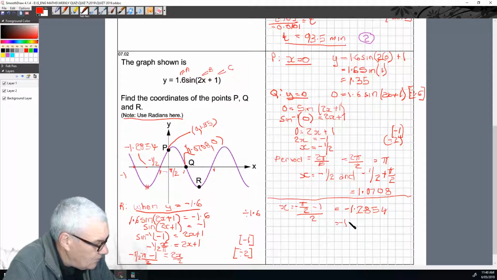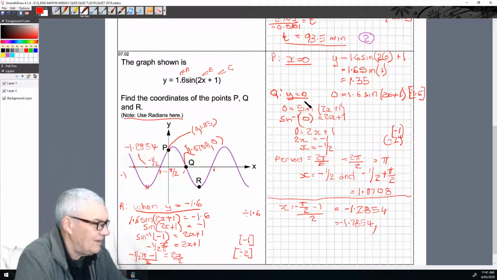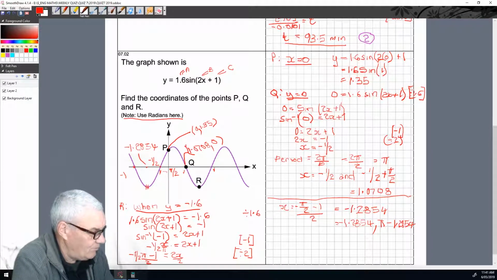Negative 1.2854. That's one solution, but we want another solution, which we've found up here, is our period is pi. So pi minus 1.2854, or minus plus pi, doesn't matter.